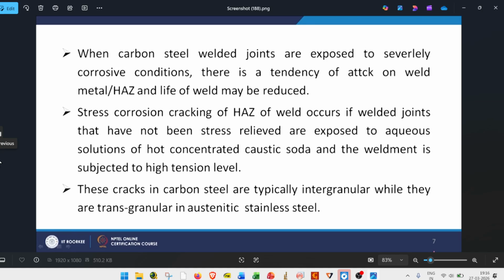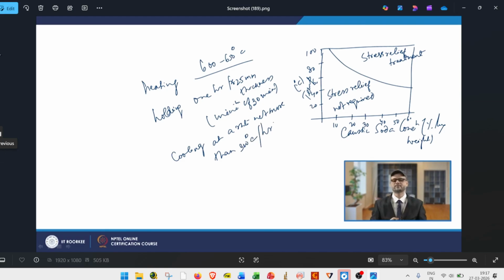Because of these stresses, if we do not relieve the stresses and use the material directly in the corrosion medium, the stressed region will be highly prone to corrosion, and that will reduce the material's life cycle.